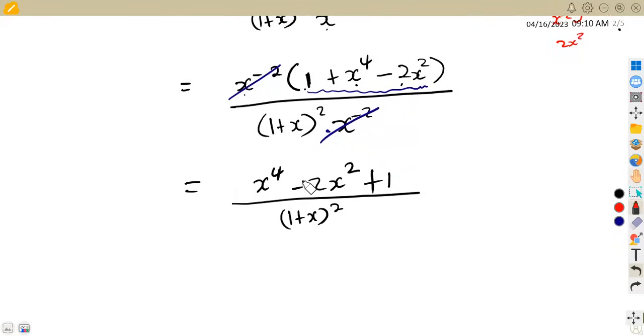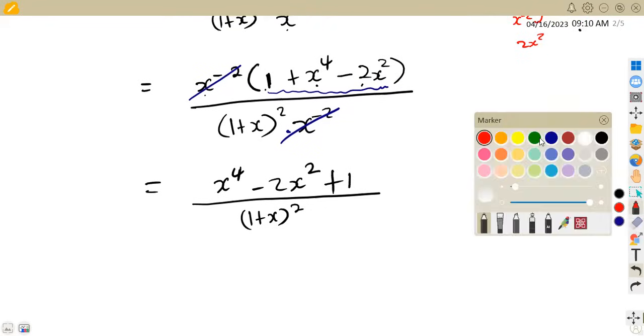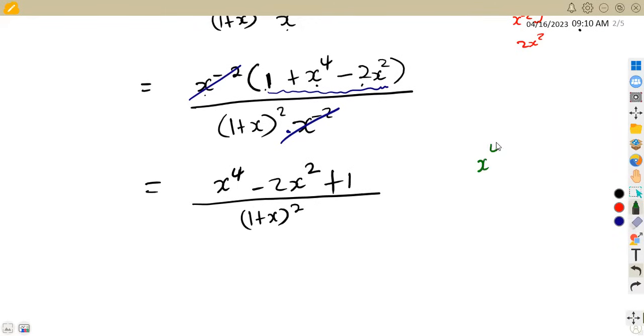Remember, this is a disguised quadratic expression. Why am I saying it's a disguise? Okay, I want us to check this part. If we are to write x to the exponent of 4 minus 2x to the exponent of 2 plus 1 like this, if we are to change it to a normal way that we are used to, we can say let k be equal to x to the exponent of 2.